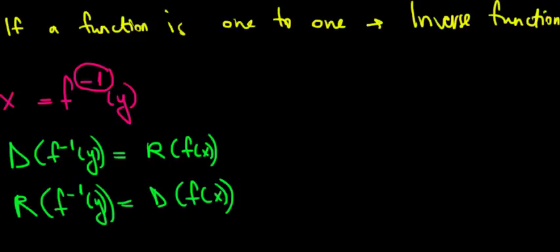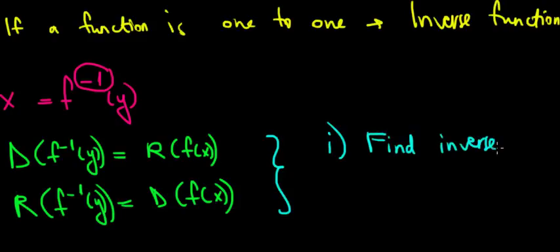Now, whenever we have questions that ask, find out the inverse and find out the domain, what is the process? What is the method of doing it? First, find the inverse. Second step, find the domain of the original.